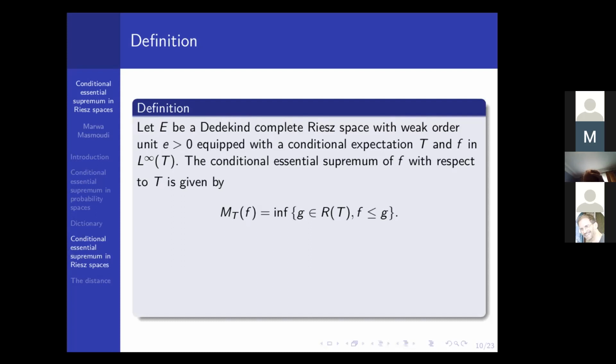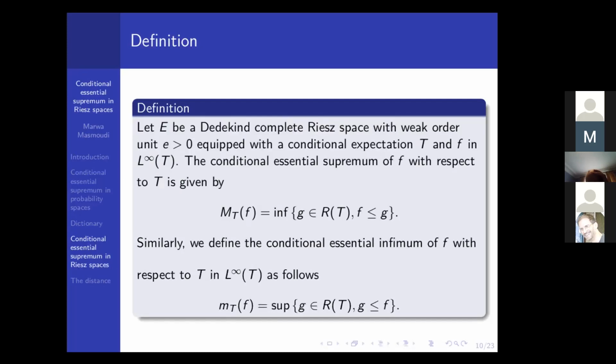So if we take a Dedekind complete Riesz space E with weak order unit e, equipped with a conditional expectation T, then the conditional essential supremum of an element F of L infinity of T is the smallest element in the range of T greater than F. Similarly, we define the conditional essential infimum of F with respect to T as the greatest element in the range of T smaller than F.